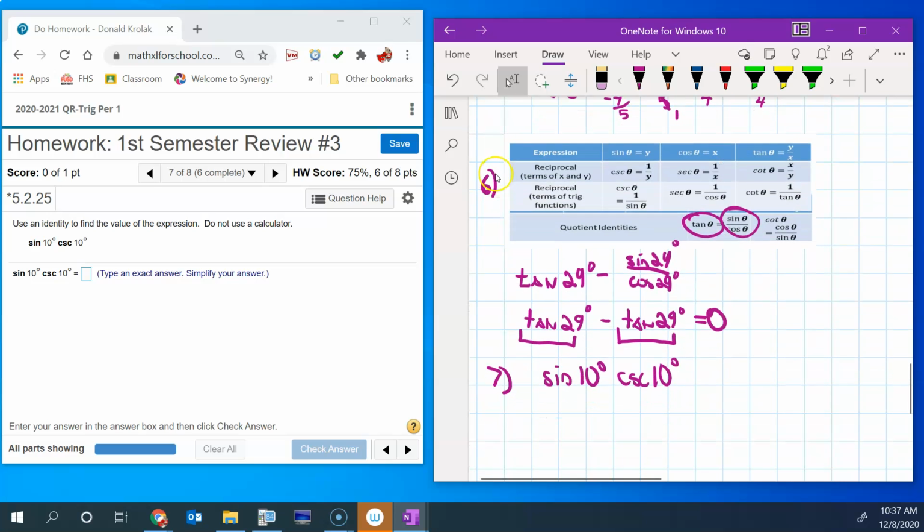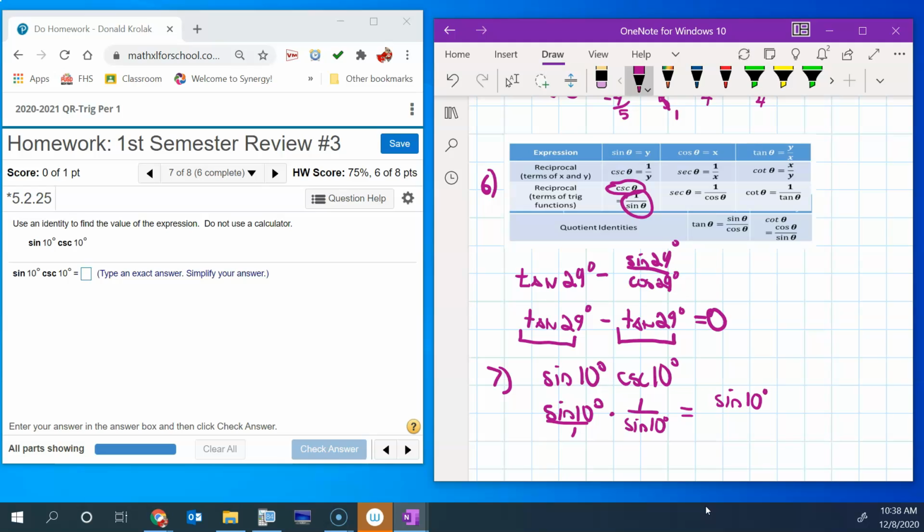Well, if I look at my chart up here, I can see that the cosecant of 10 degrees would be the same as 1 over the sine of 10 degrees. Now multiply straight across, and I get the sine of 10 degrees divided by the sine of 10 degrees, and that's going to equal 1.